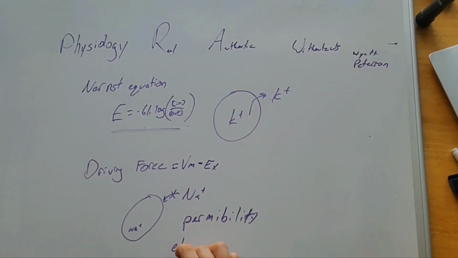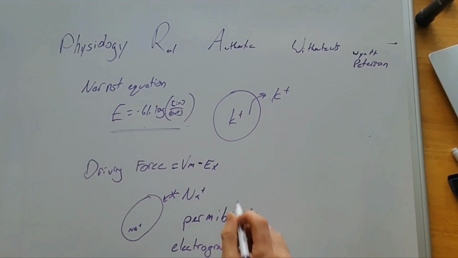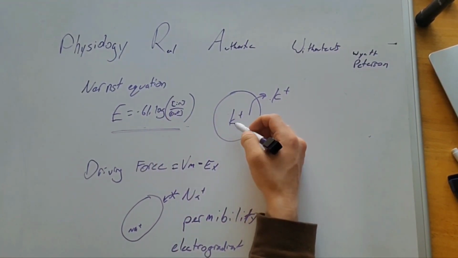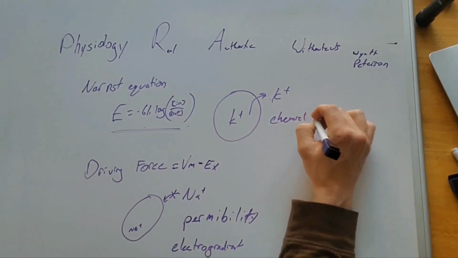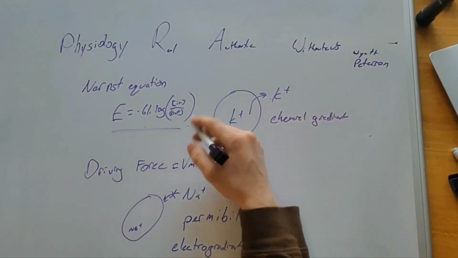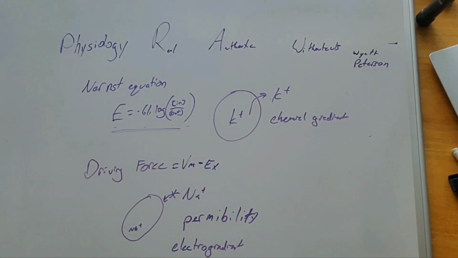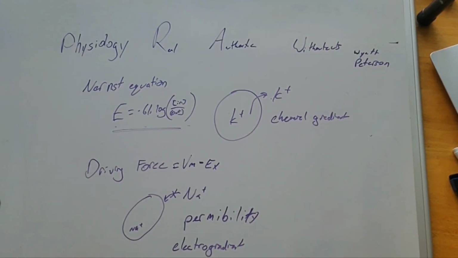Well, this one is just talking about chemical gradients. It doesn't really care about permeability. It just gives us a number to show how badly the ion wants to move. And I think that is all I have to say about that.